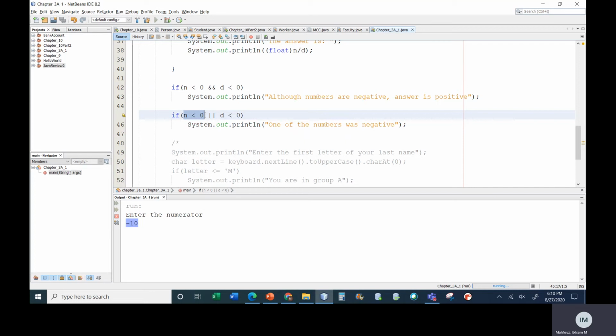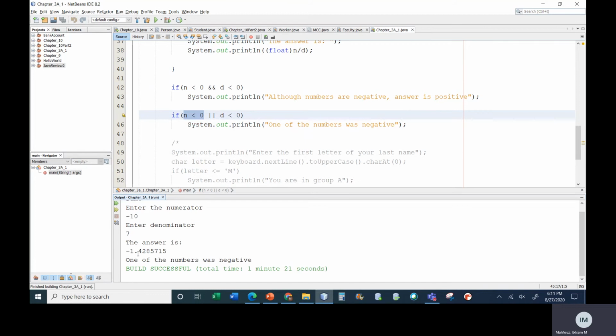So that's called short circuiting, when the JVM decides that it knows the answer to this Boolean expression without evaluating the whole expression. With an or, if the first part of the expression evaluates to true, it will not go and check the rest of the expression. This is called short circuiting.